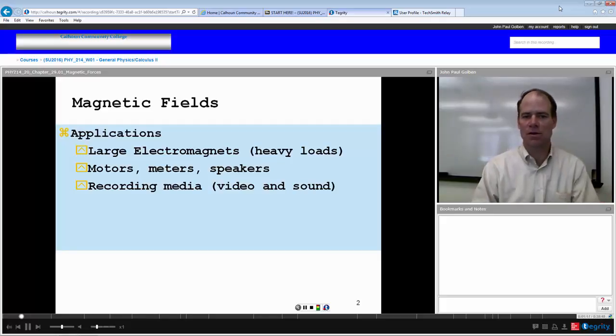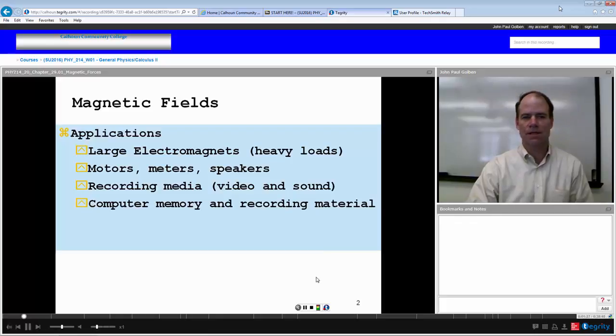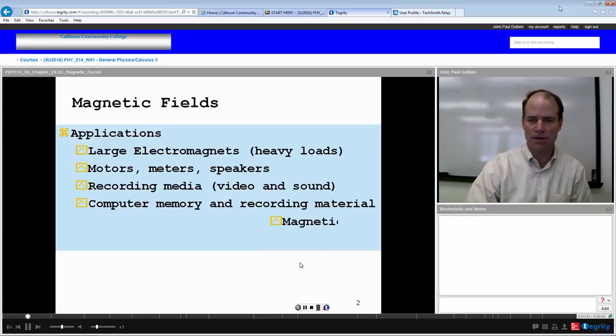And so if you record media in terms of digital, either ones or zeros, then you can record all sorts of video and sound in this manner. Same thing with computer memory. You can record data bits in the same way, writing it down on electromagnetic material and then reproducing that by bringing a magnetic tip near that material later on.